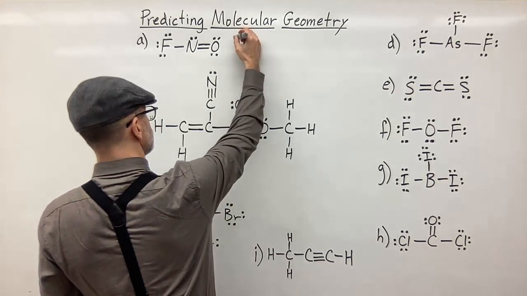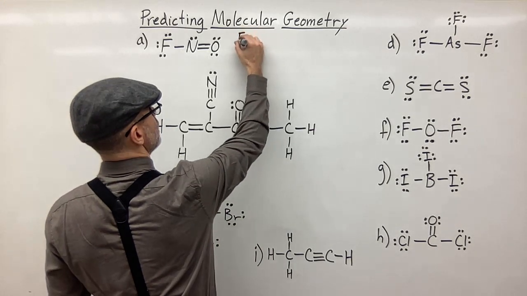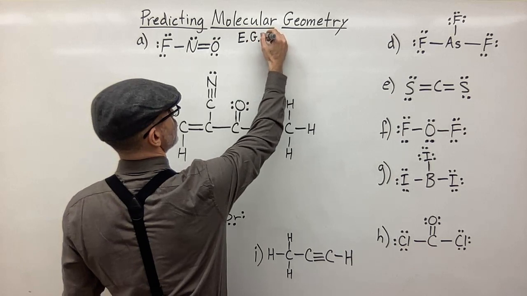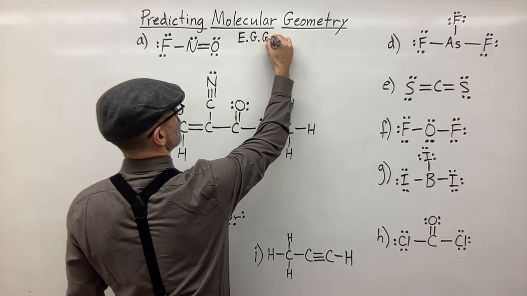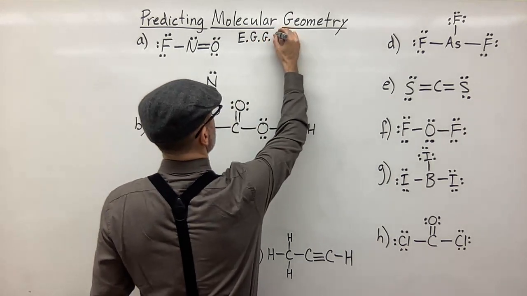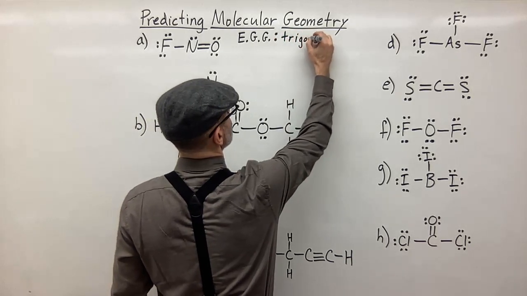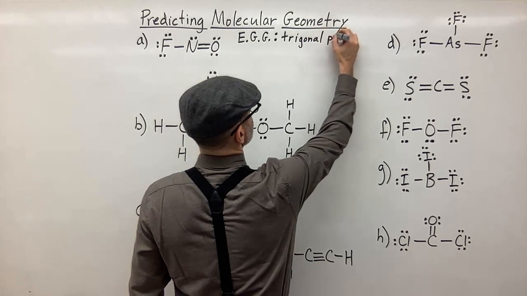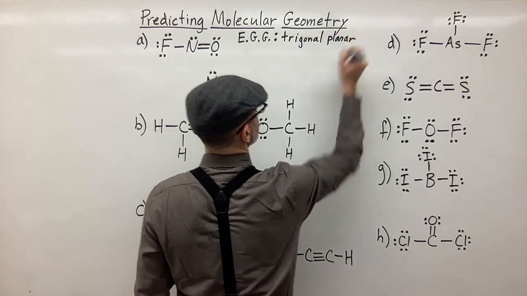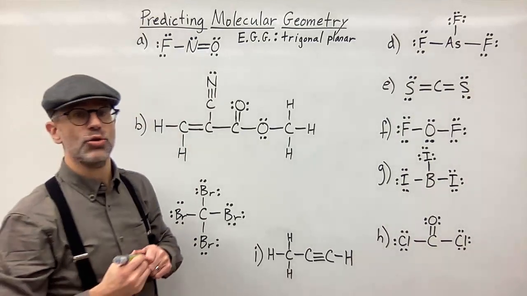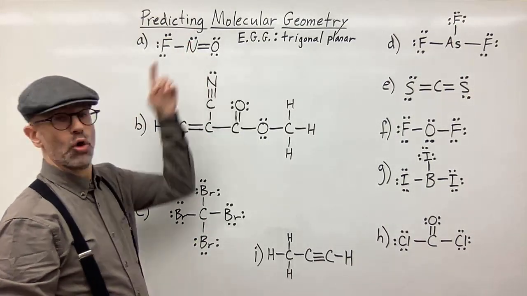So here I'm going to put EGG for electron group geometry, and that's going to be trigonal planar. Now, for the molecular geometry, you ignore the lone pair.